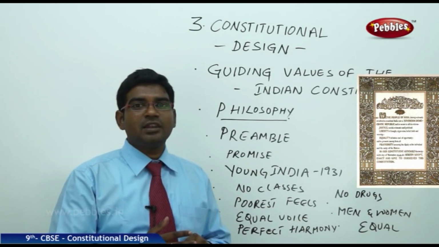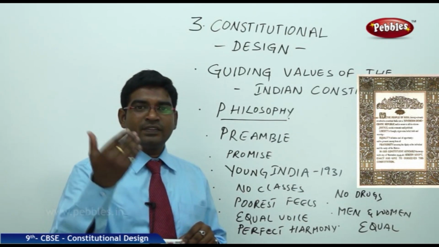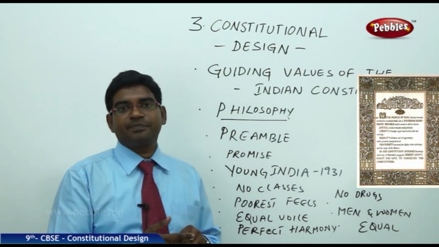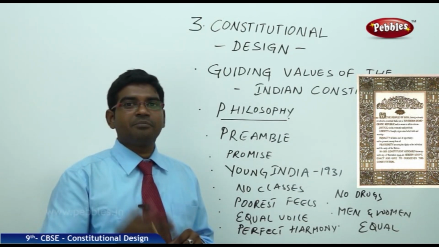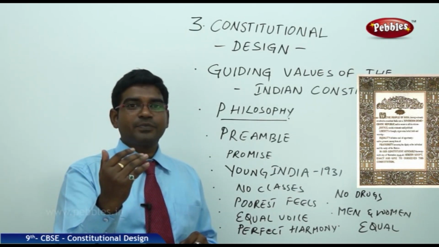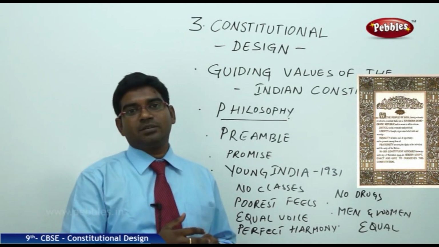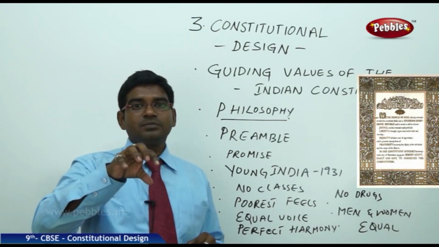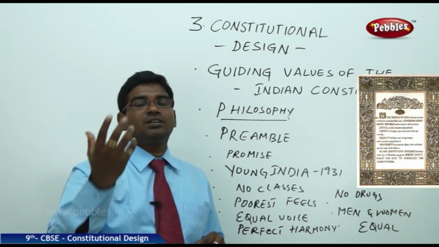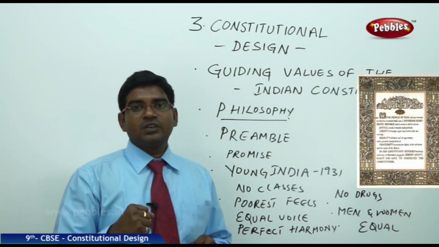That name is none other than Mahatma Gandhi. You never find Mahatma Gandhi's name in the list of the members of the Constituent Assembly. But the promise and the dreams he mentioned earlier were inspiring many leaders who were members of the Constituent Assembly. So through them, he had already inculcated the feelings and ideas of what he wanted the country to be.